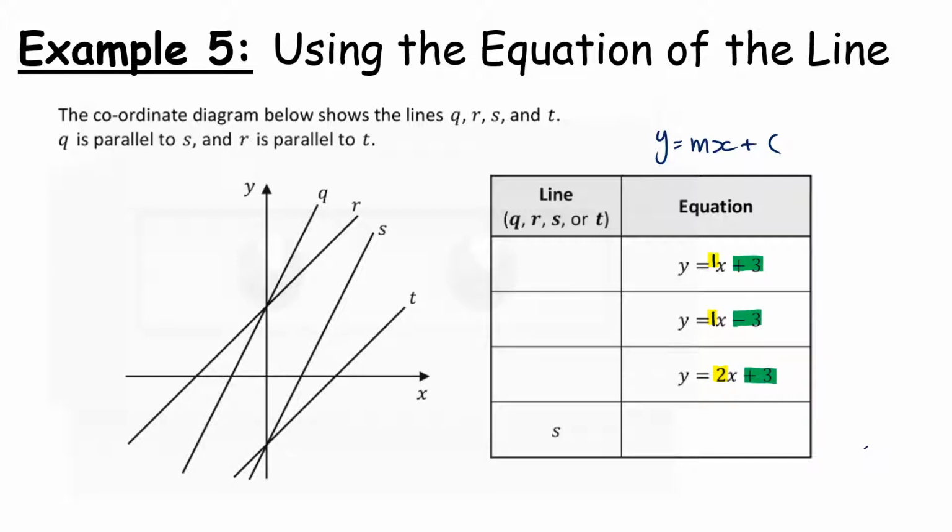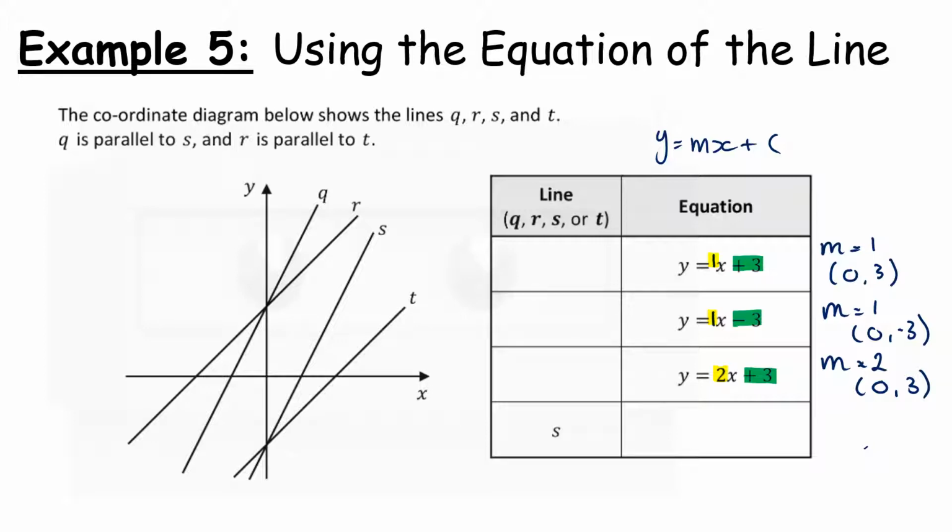So I'm going to make a little note here. m equals 1 and my y-intercept is 0, 3. So that's the point it goes through. Here the slope is 1 and the point it goes through is 0, minus 3. Here m equals 2 and the line it cuts is 0, 3.